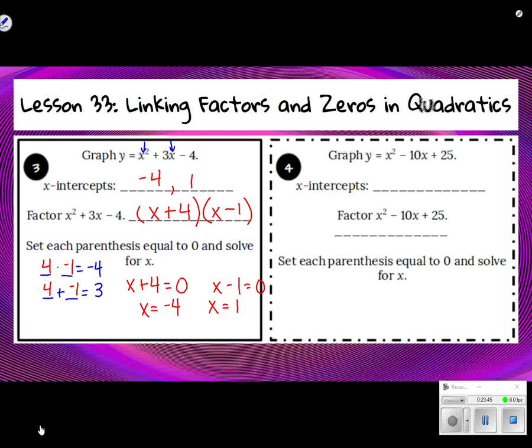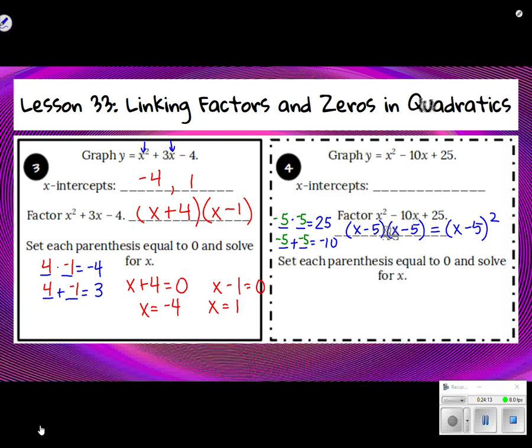All right, let's look at number 4. Let's factor. Let's find two numbers that multiply to give us 25 and add to give us -10. Those numbers are going to be -5 and -5. Notice that they're the same number. You could write this as x minus 5, x minus 5, but I would prefer to see x minus 5 squared.